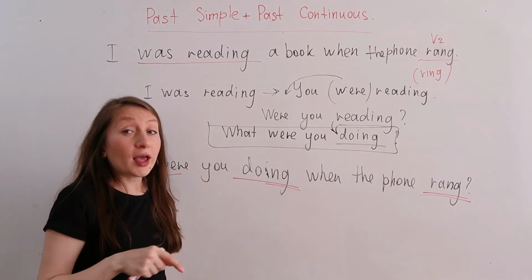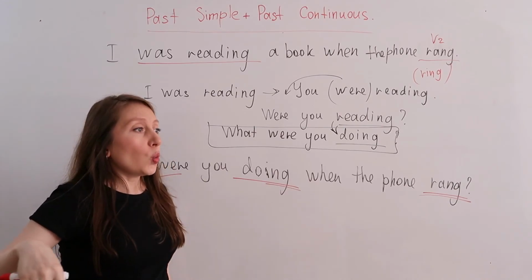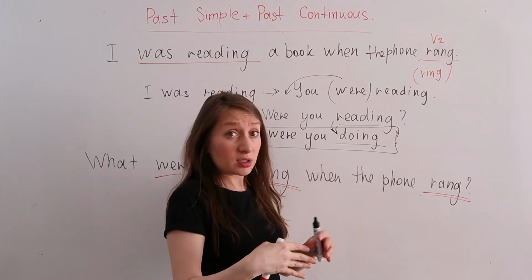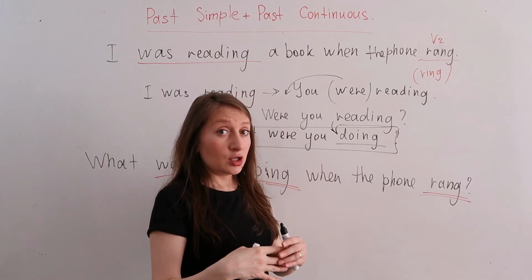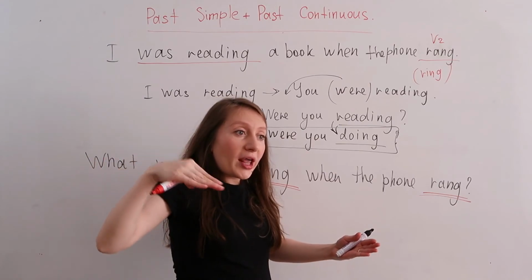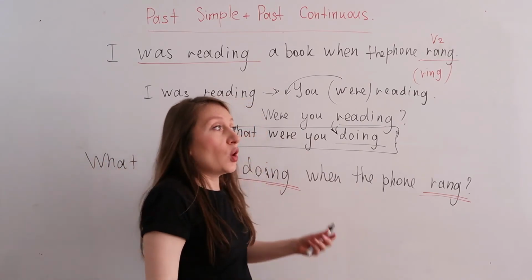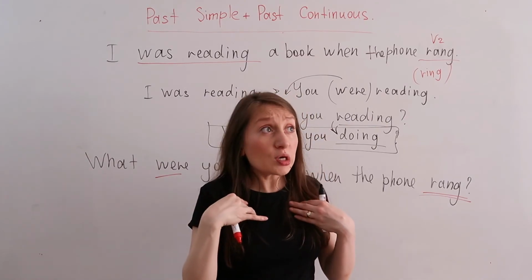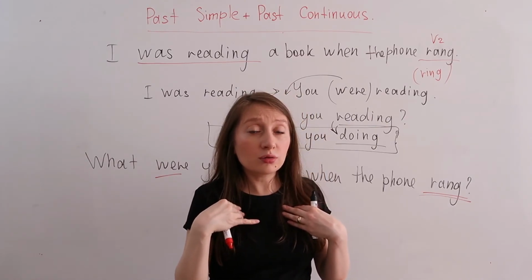What were you doing when your mom came? What were you doing when you cut your finger? I was cooking, right? So what happened when you were doing something? What were you doing when you fell off the ladder? I was painting the wall, right?